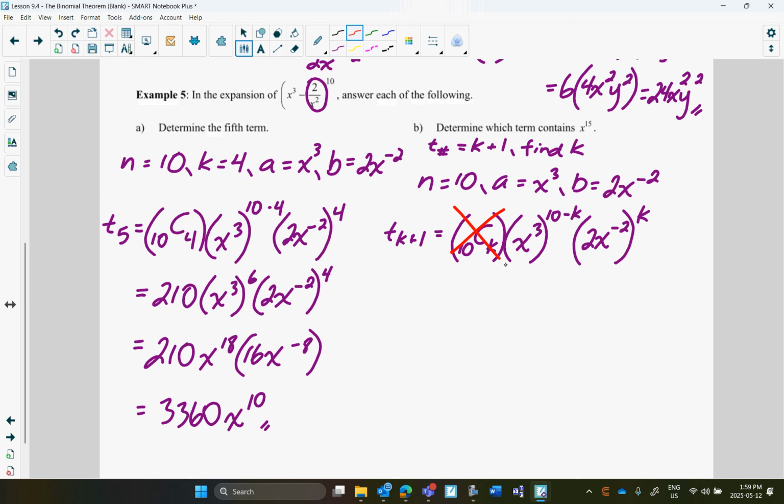We're not asked for the coefficient. So anything that produces a coefficient, get rid of it because we don't need it. Okay? So what happens then, when I take all this out, this actually changes to x to the 15th is equal to x to the third raised to the 10 minus k, x to the negative second raised to the k.